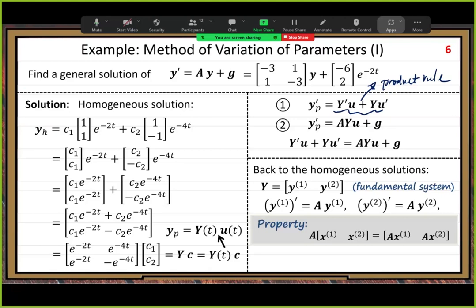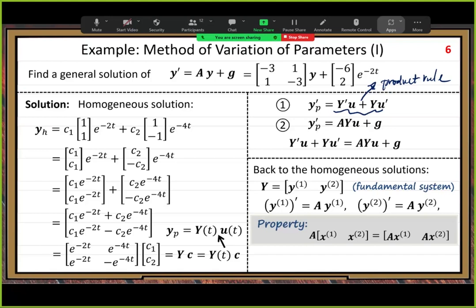That's a very simple property, just based on the matrix product.